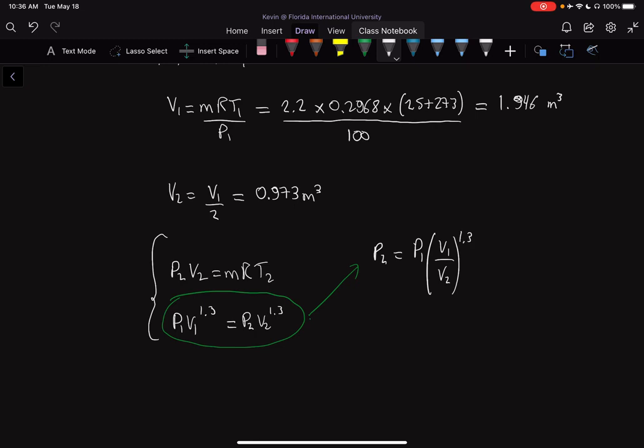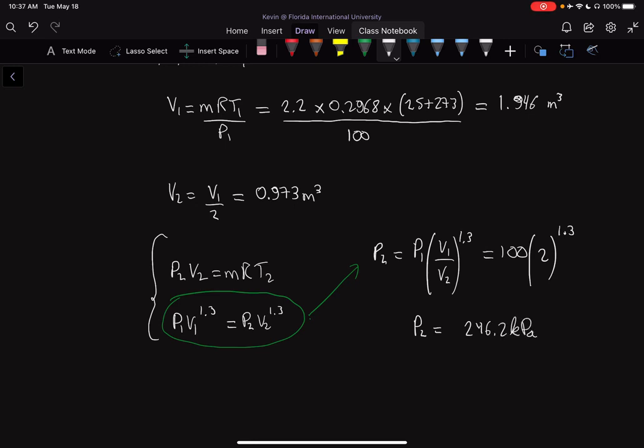And we know that volume 1 is double volume 2, so this is 100 multiplied by 2 to the 1.3. You can also put in the two volumes, 1.946 over 0.973, and you would get 2 as a value. And so we get that P2 is equal to 246.2 kilopascals.